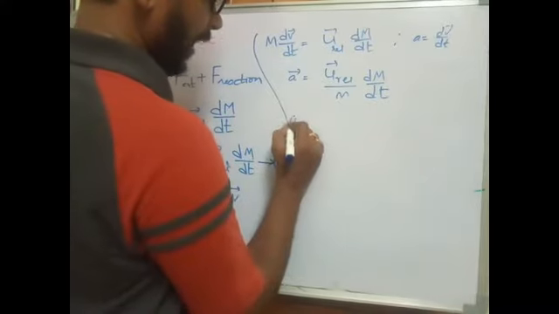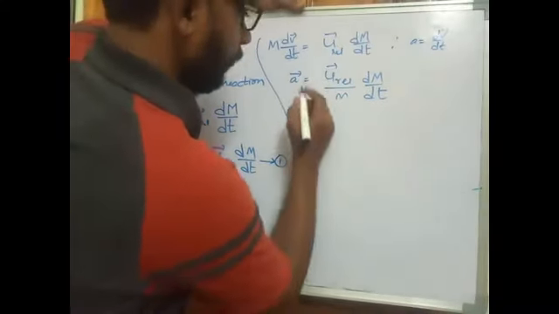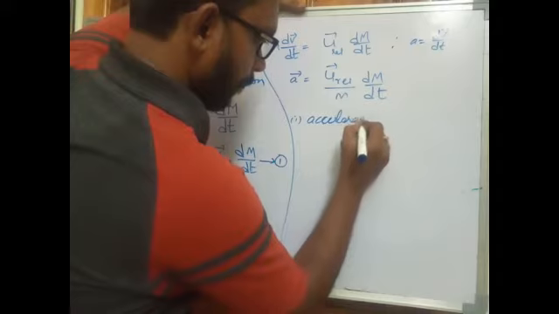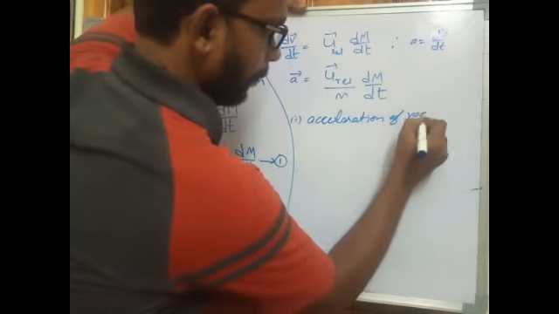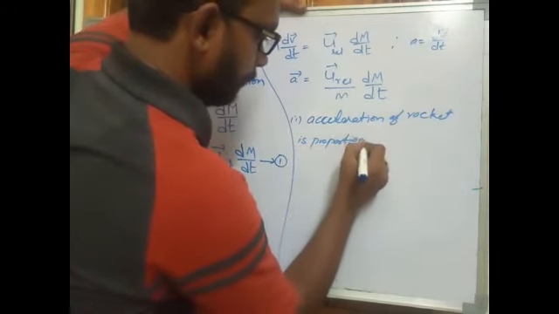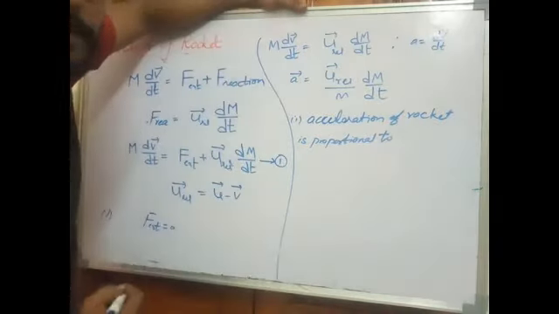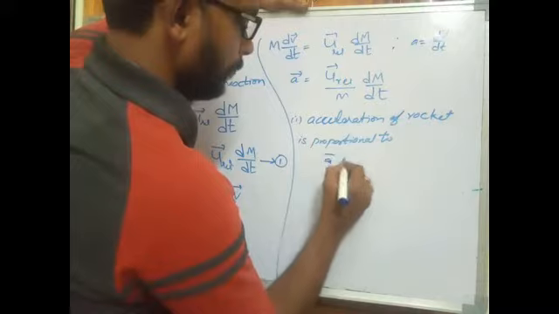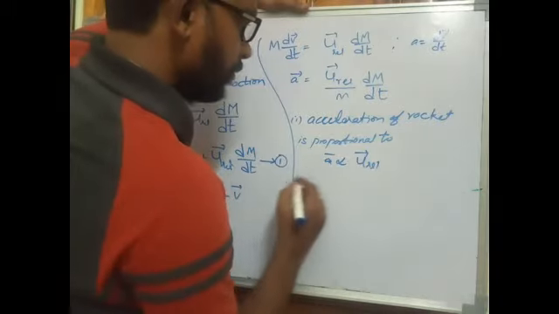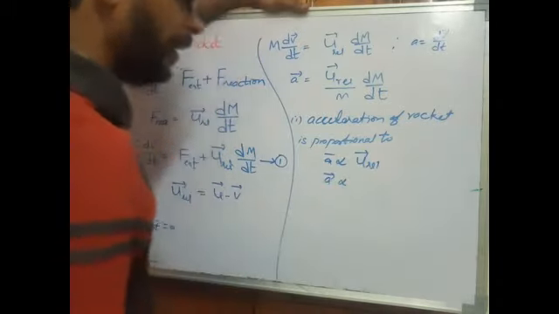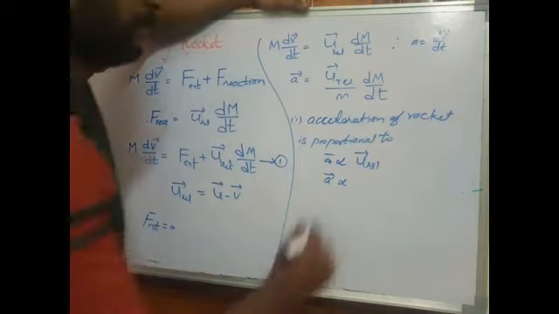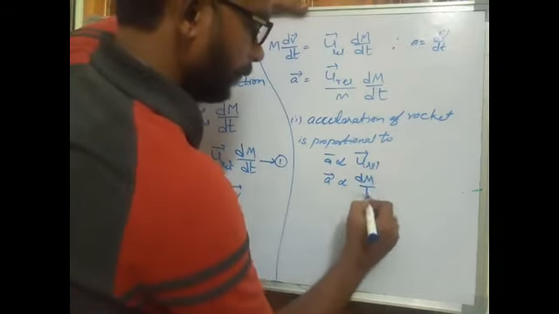From this equation we can say that the acceleration of the rocket is proportional to the relative velocity, and also a bar is proportional to the rate of change of mass, dm by dt.